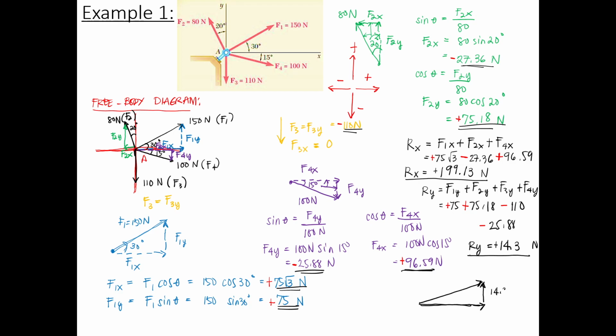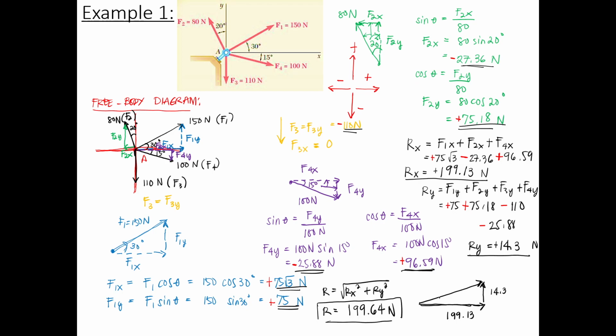So again, getting the resultant, we're going to use the Pythagorean theorem, Rx squared plus Ry squared. So the resultant is 199.64 newtons.